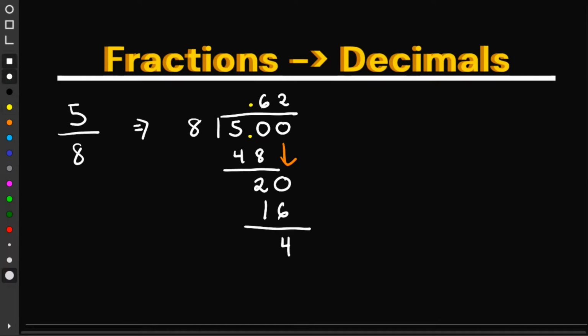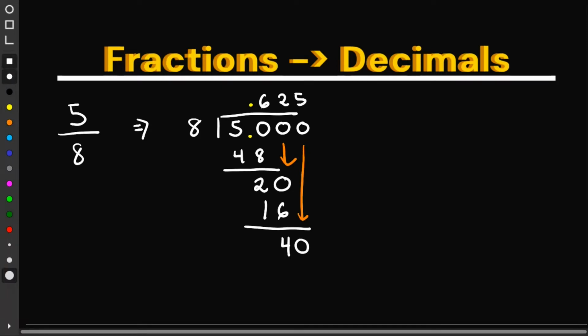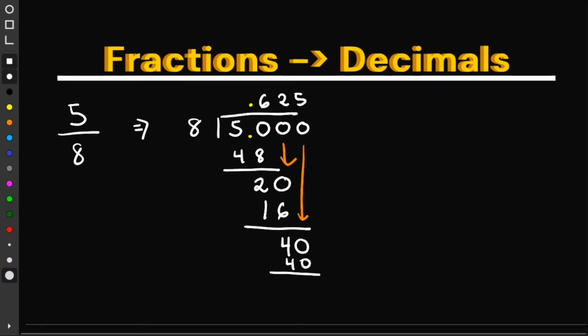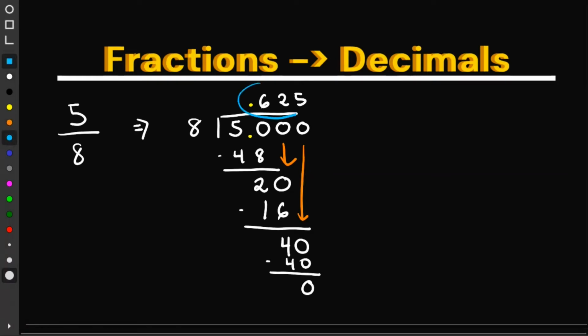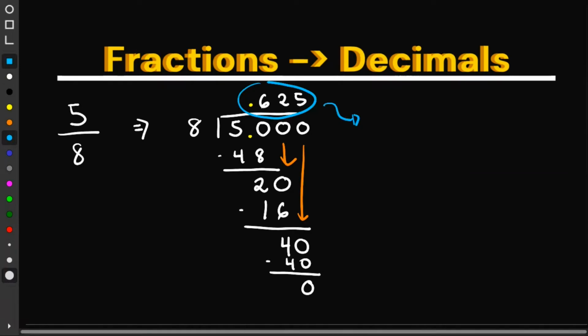We still need another 0, so we add another 0, bring that down, and that would give us 40, and we have 5 since 8 times 5 is 40. So take note of the minus sign out here. Now the remainder is 0. So this one now is the decimal form of 5 over 8, 0.625. So that is how we can convert fractions into decimals using the traditional division method.